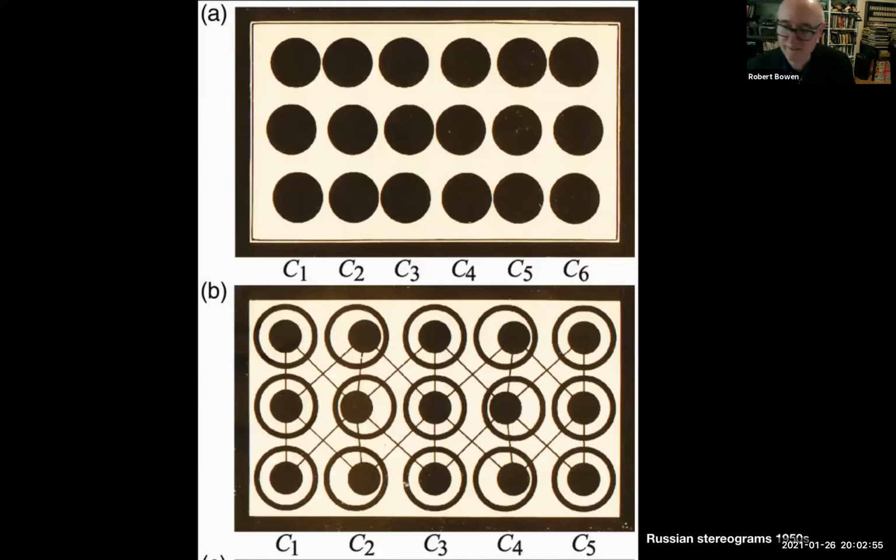So as a little science experiment, I found these Russian stereo images. And I'm just checking my time. So if you let your eyes relax into these, and maybe kind of cross your eyes, you may be able to see some stereoscopic phenomena. I'm not going to stop sharing my screen right now, but let me just say that these work really great.